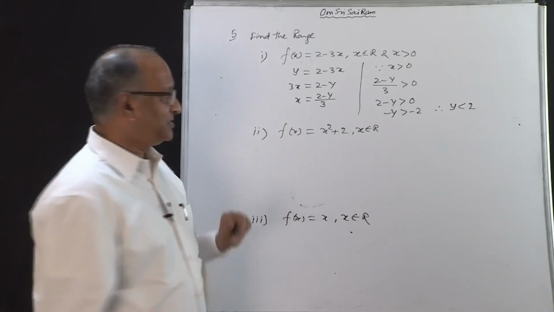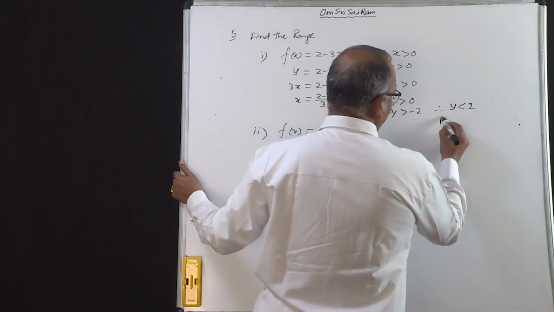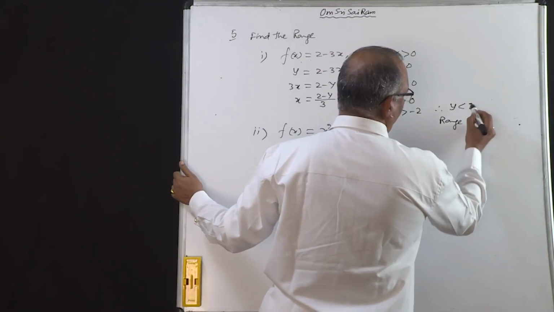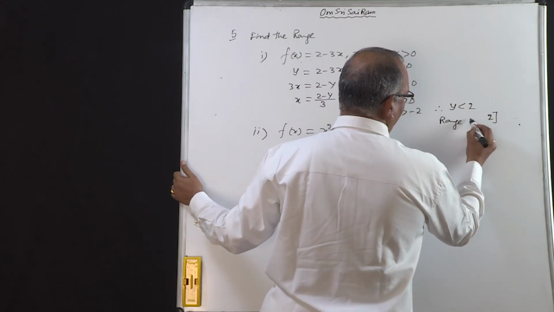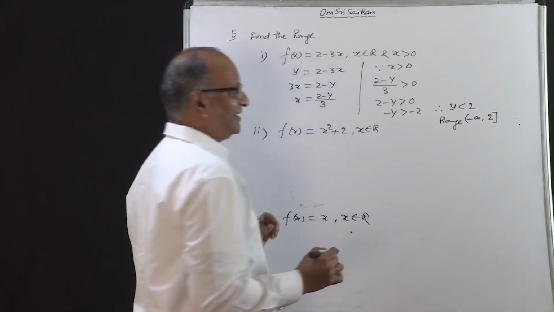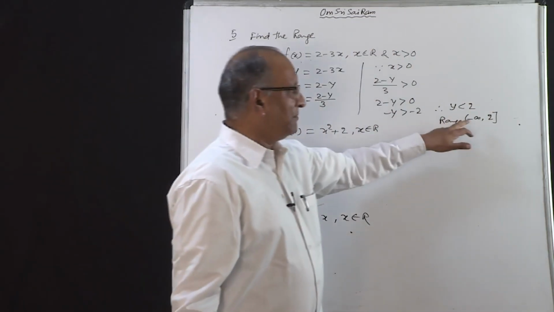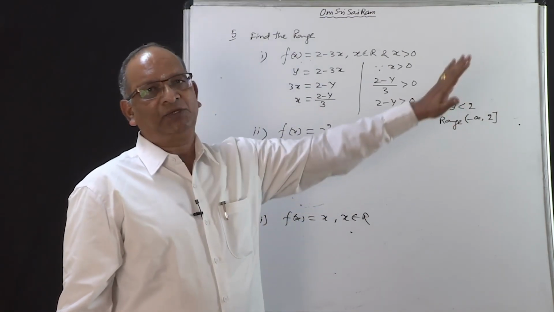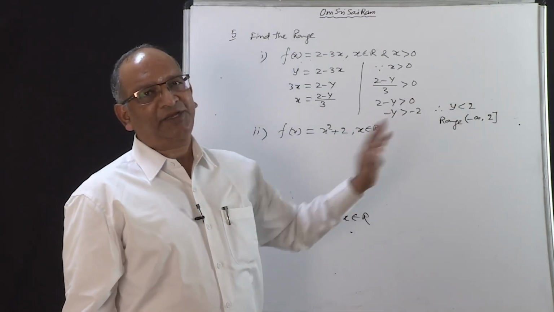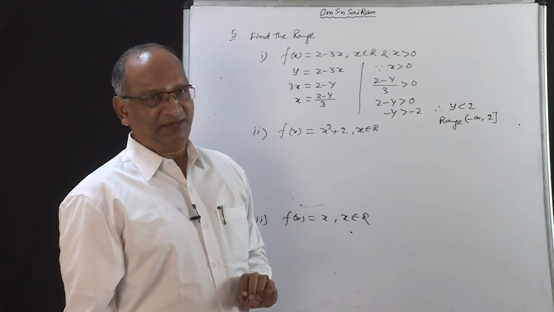So range is less than 2. Upper limit is fixed and here it is from minus infinity. Since minus infinity is not a fixed number, so minus infinity to 2. All the values which are less than 2 on the number line constitute the range of the function.